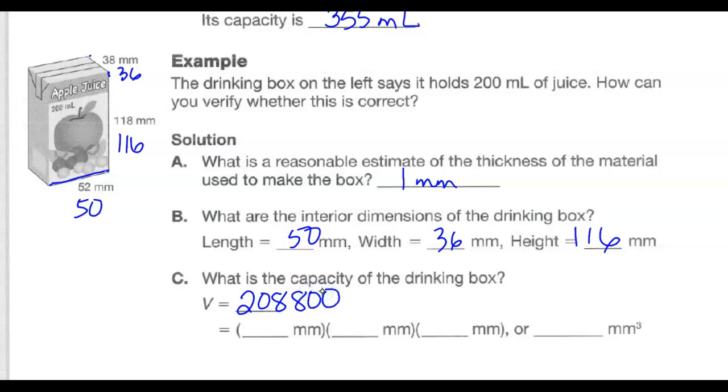Now, oh, that's millimeters cubed. I don't know why it has two spaces there. Oh, I guess that's for the calculation. Okay, so let me copy this out here. So this is length times width times height. So 50 times 36 times 116.